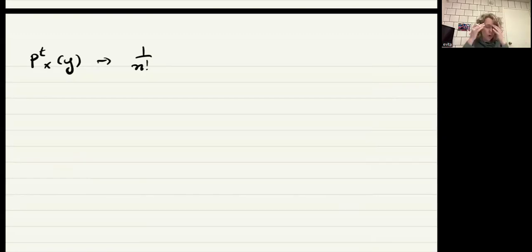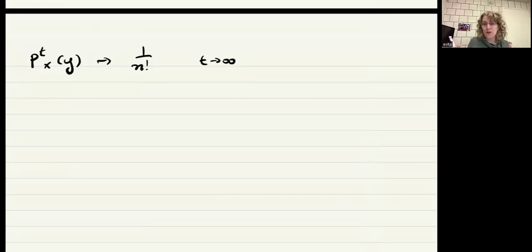And what happens now is that we want to let time go to infinity. And we notice that this XY entry will look more and more, in these two cases at least. I don't want to talk about assumptions of when this is true, but in these two examples I gave, the XY entry will look more and more like 1 over n factorial as t goes to infinity.